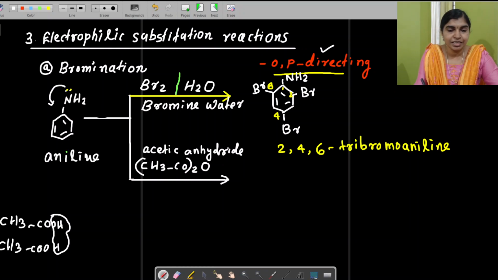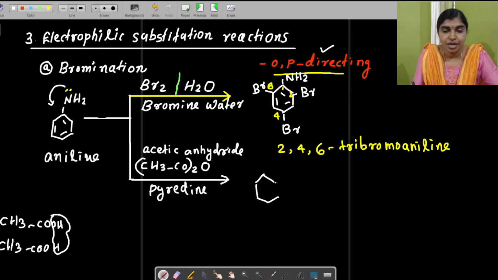This is acetic anhydride, or if it reacts with acetic anhydride in presence of pyridine, acetylation takes place. What is acetylation? That is substitution of the acetyl group in the ring. Substitution of acetyl group in the NH2 group here.